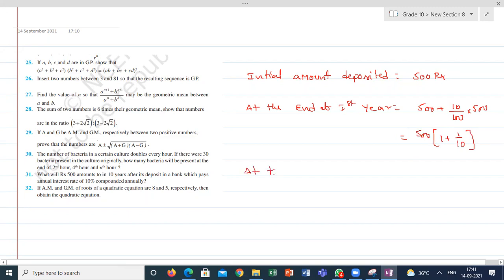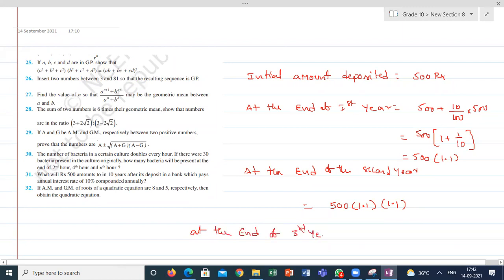At the end of the second year, how to write it? This will be 500 into 1.1 into 1.1 again. At the end of the third year, 500 into 1.1 into 1.1 into 1.1.